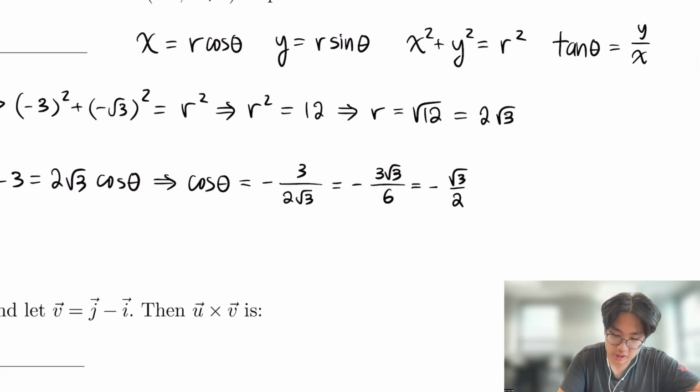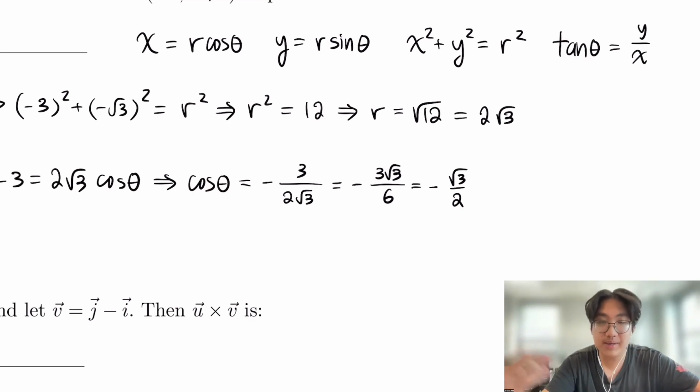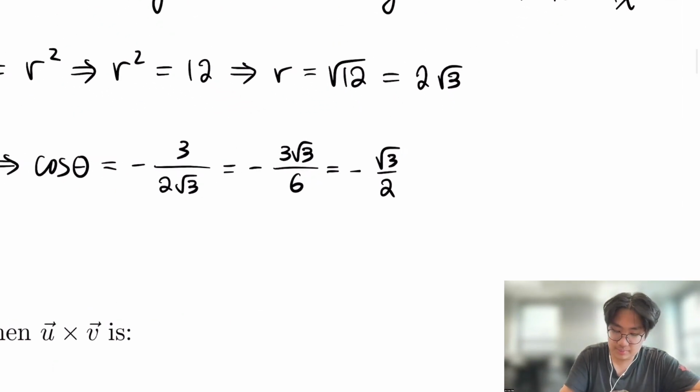So if you follow the chain of equalities, we know we're looking for cos theta is equal to -√3 over 2, meaning again, we're looking for a value of theta in quadrants 2 and 3. So in this case, just check to make sure. You can think about it this way.